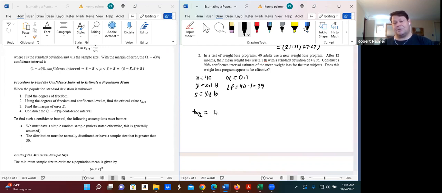Like before, let's find our T of alpha over 2, our critical value. Let's use Excel again. So T.INV.2T. Remember, first we have our alpha, 0.1, and then our degrees of freedom, 39.